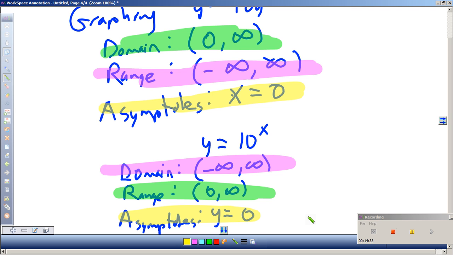So just look at these three features. Do you think there might be some connection between the graphs? Yeah, they are inverses. So when we talk about inverses, remember we talked about that earlier this year, we saw some sort of pattern like this. And if we follow this exact pattern, the domain of one is the range of the other.